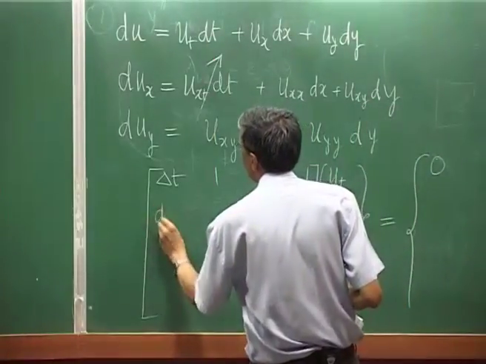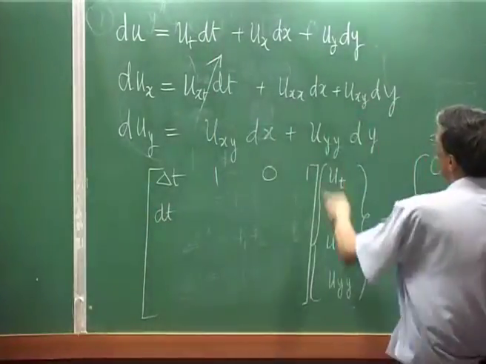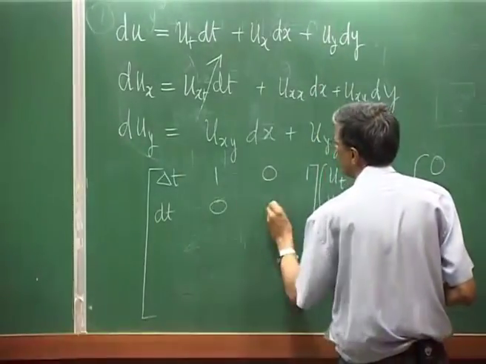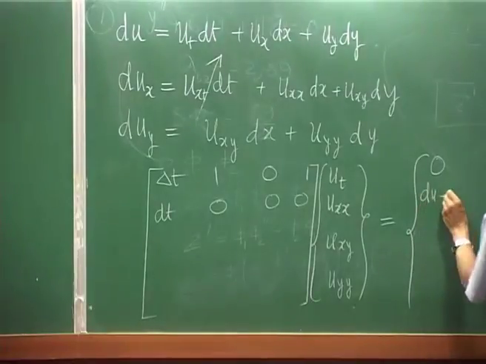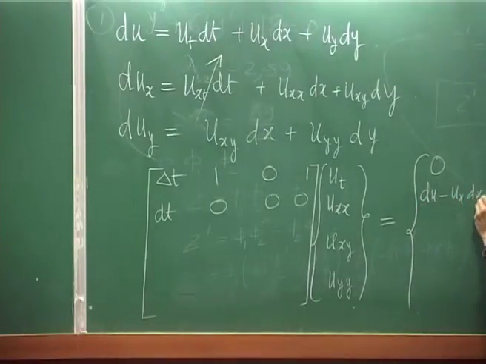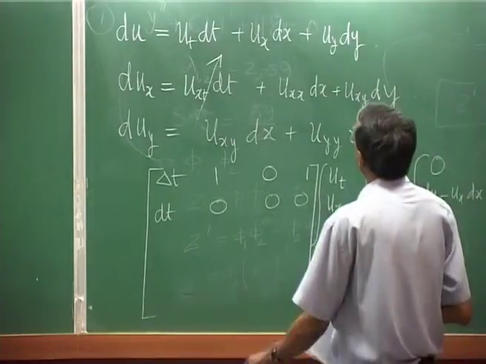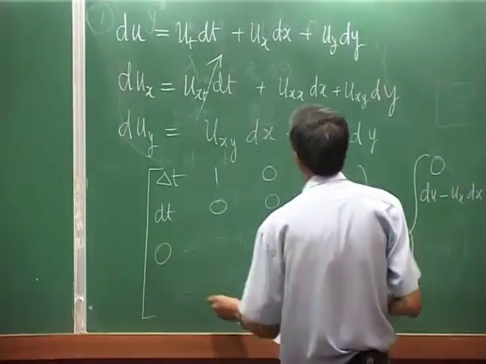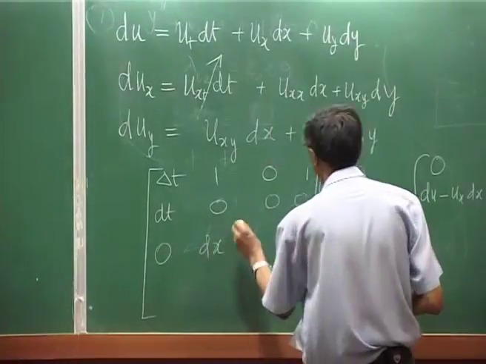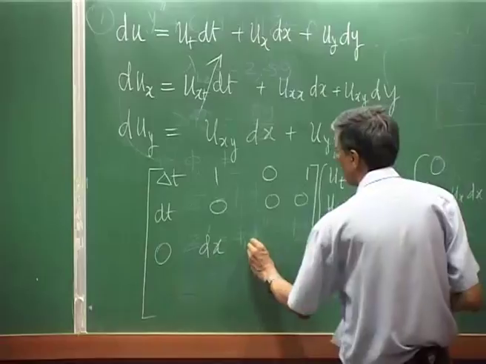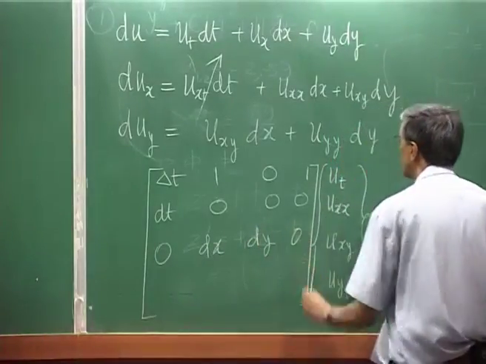So, I get a dt here, and there is nothing else. Here I will get du minus u_x dx, that is the second equation. In the third equation, there is no term of u_t, u_xx has a coefficient dx, u_xy has a coefficient dy, and this has a 0.